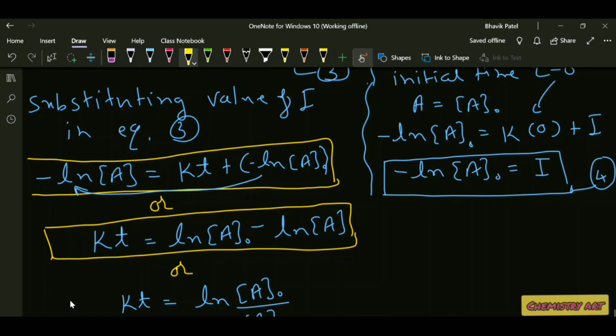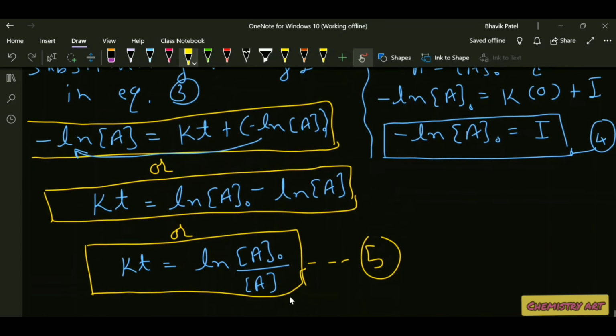So this is another equation, and all these equations we can write as equation number 5. These all are same, that's why I have written equation number 5 for all.